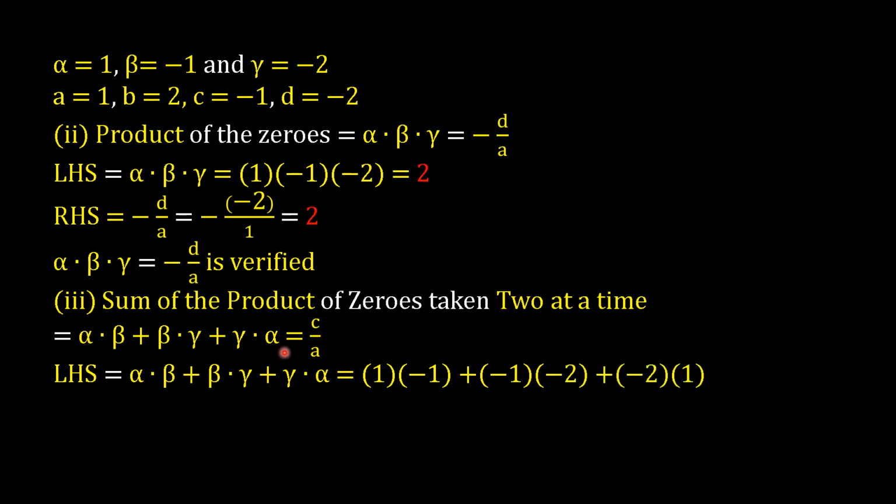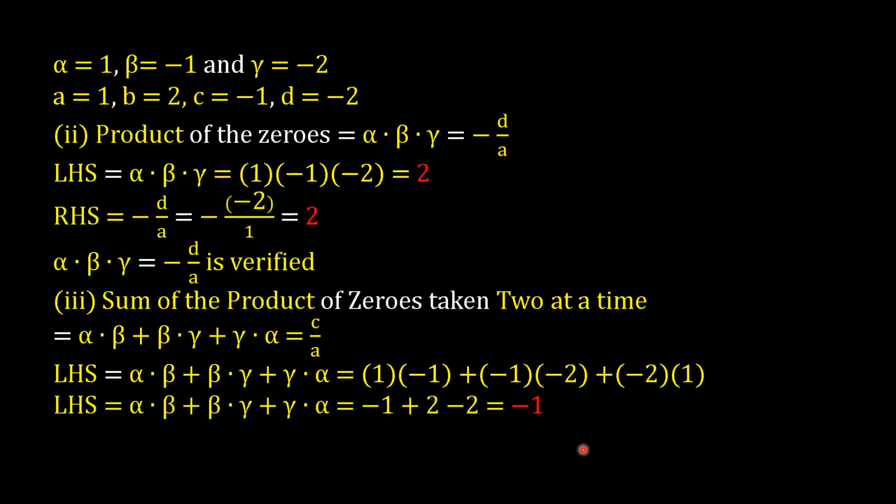Left hand side will be alpha beta plus beta gamma plus gamma alpha. Putting the values 1 for alpha, minus 1 for beta, minus 2 for gamma, and 1 for alpha again.